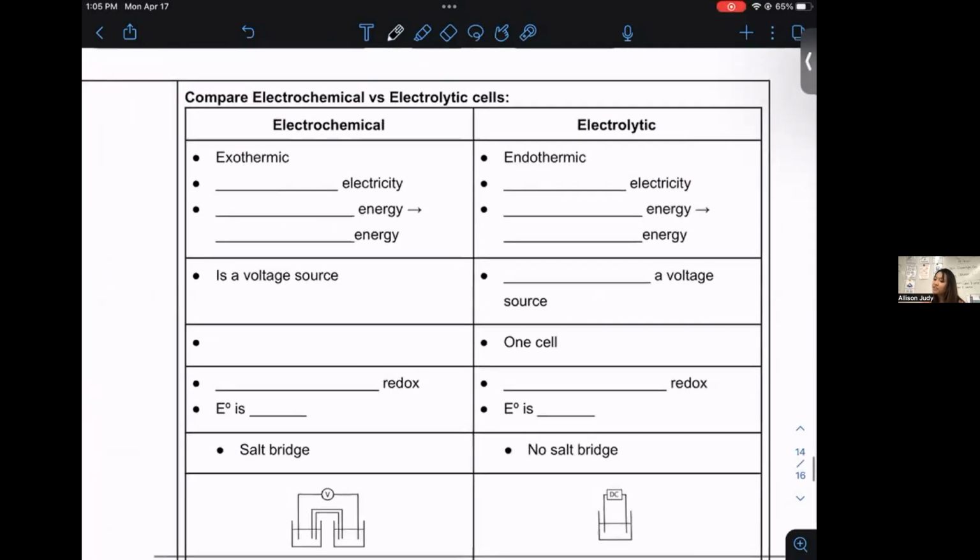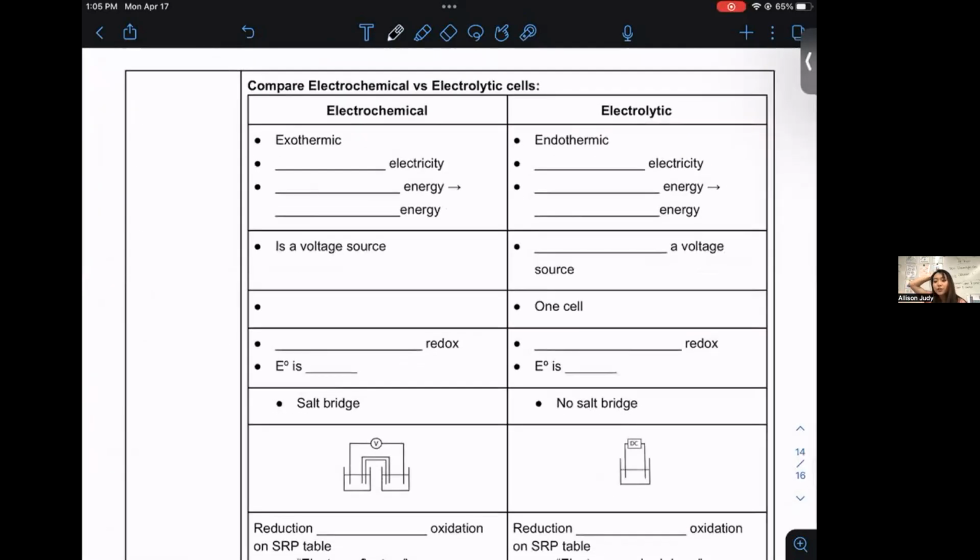Here is a summary table of the difference between electrochemical versus electrolytic cells. Electrochemical cells are exothermic and they make electricity. They convert chemical energy, spontaneous redox, into electrical energy. But electrolytic cells are endothermic.